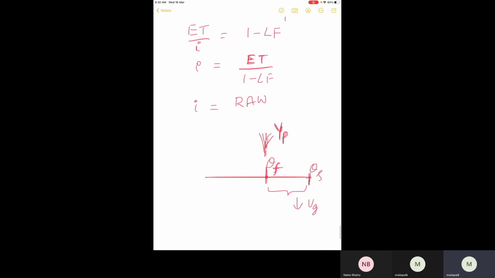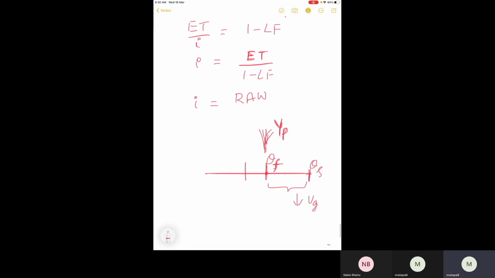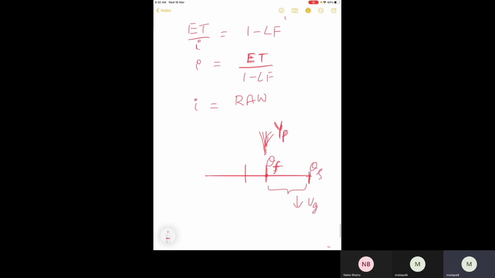If that soil moisture is existing, so that we call a threshold. We call it threshold theta t. This is threshold moisture, for which you still have YP. Okay, you still have YP. Then after that, let's say here somewhere you will have theta permanent wilting point, let's say PWP here.